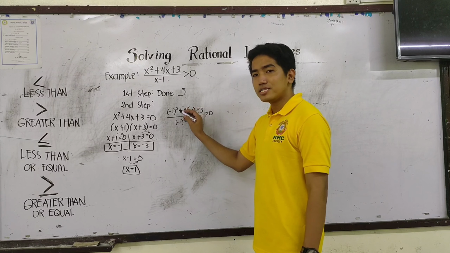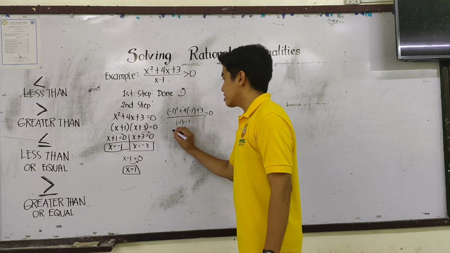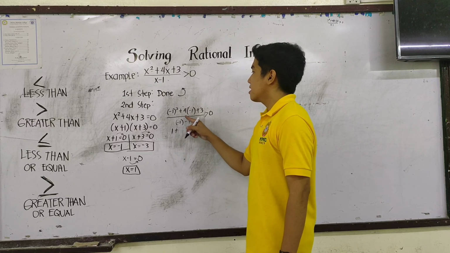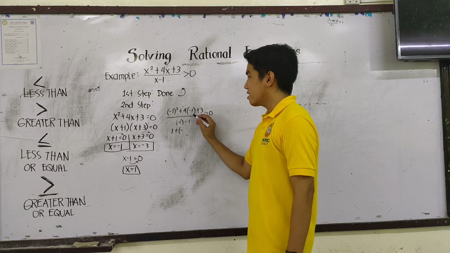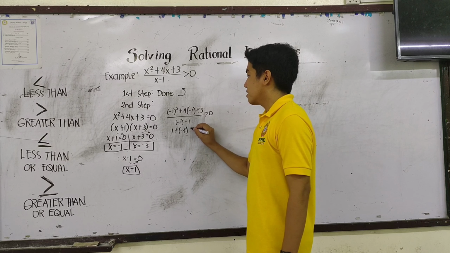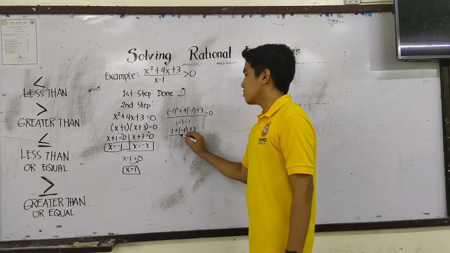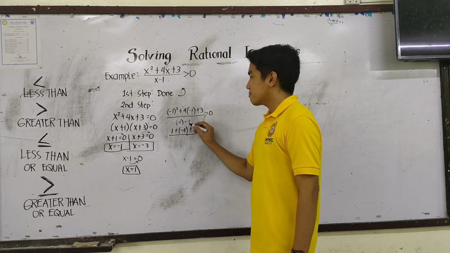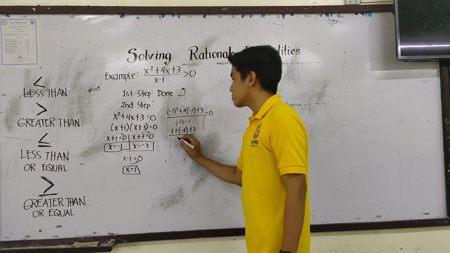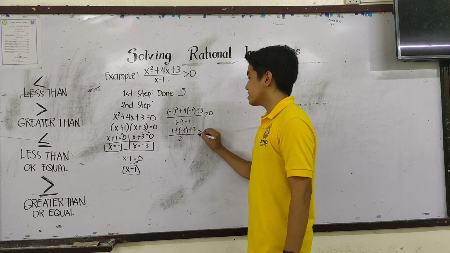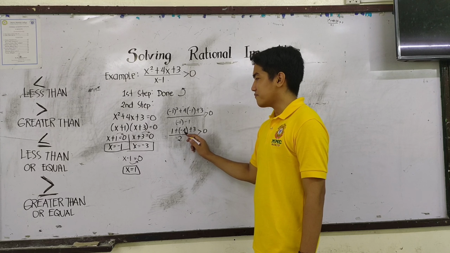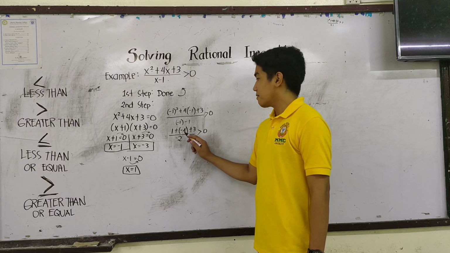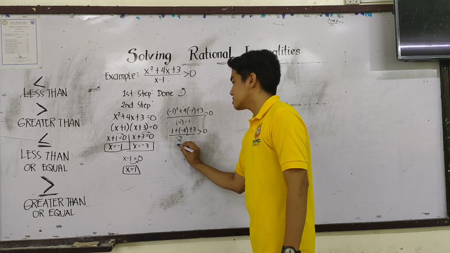Next, negative 1 squared is equal to 1, plus 4 multiplied by negative 1, which is negative 4, plus 3, all over negative 1 minus 1, which is negative 2. So 1 plus negative 4 is negative 3, plus 3 is equal to 0.